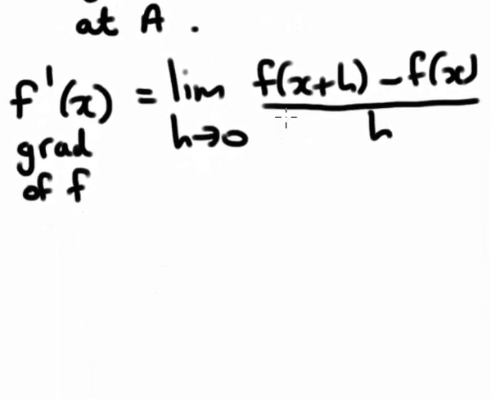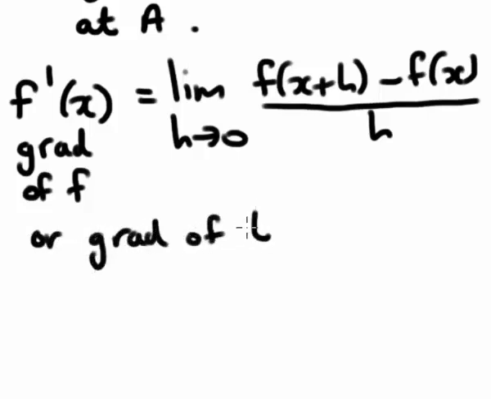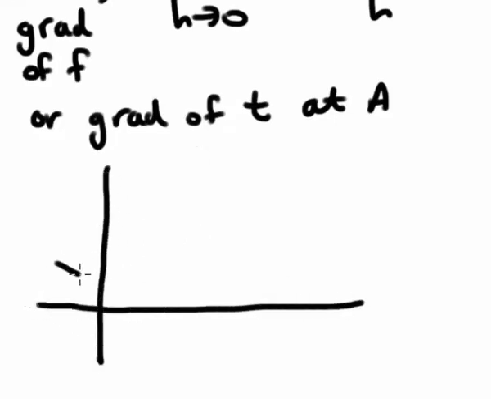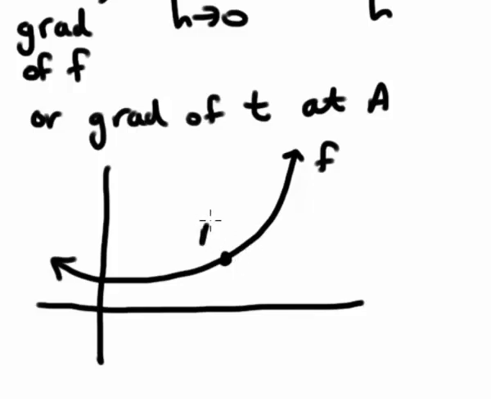So this formula is referred to as the gradient of f, or the gradient of the tangent. Let's call that tangent t, the gradient of the tangent at point A. What it's saying very simply is, if you've got a curve, it could be a parabola or anything you like, that's the curve f, and you pick a point, let's call that point A, and you draw a little tangent there.